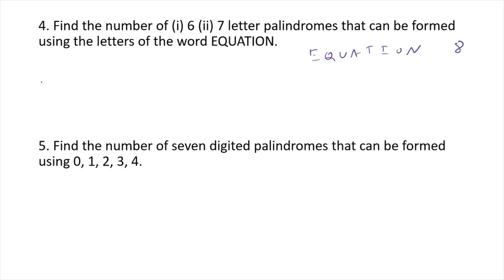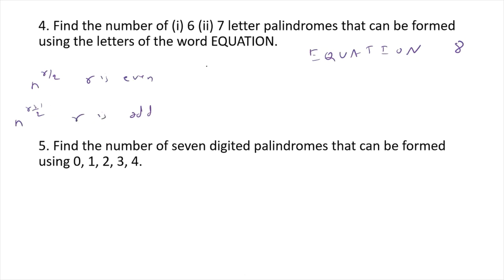And the formula for r letter palindromes is n raised to r upon 2 when r is even, and n raised to r plus 1 upon 2 when r is odd. So here we have to form 6 letter palindromes and 7 letter palindromes. For 6 letter palindromes we have to use the first formula, and for 7 letter palindromes we have to use the second formula.